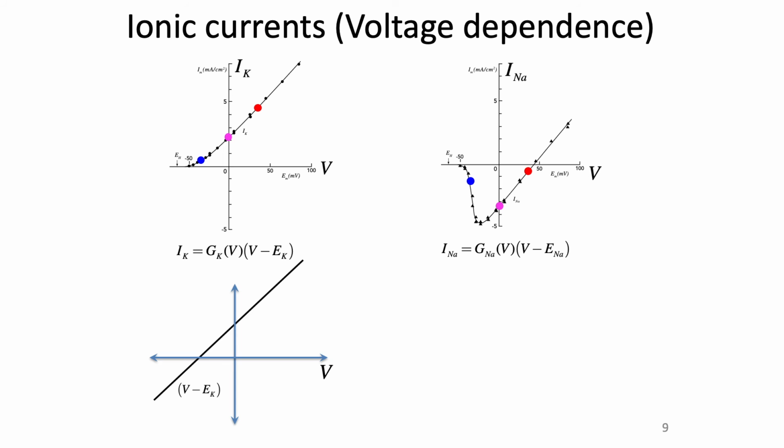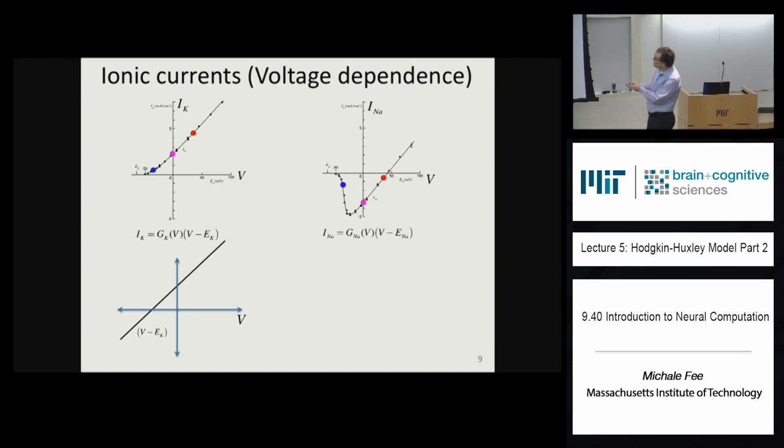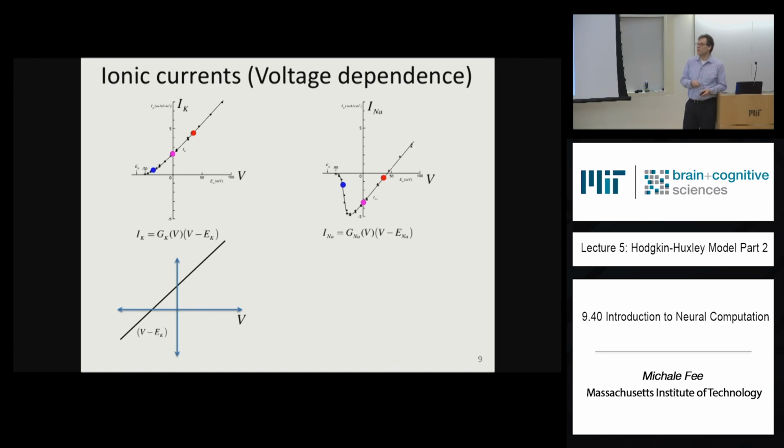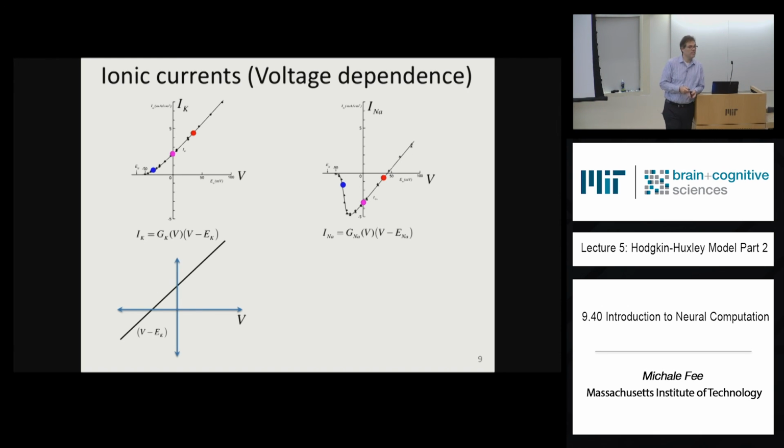Now, you can see clearly that the conductance as a function of voltage has some voltage dependence because this doesn't look like this. So the difference between this and this is captured by this voltage dependent conductance. And does anyone remember what that conductance, that GK as a function of V looks like?